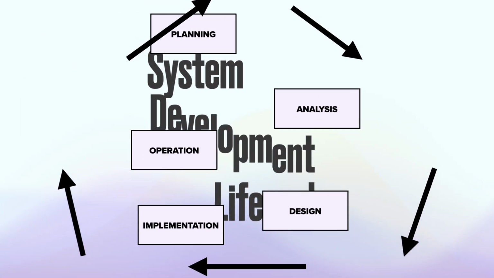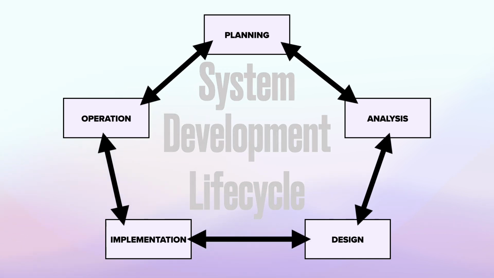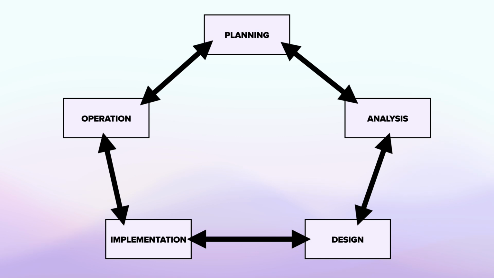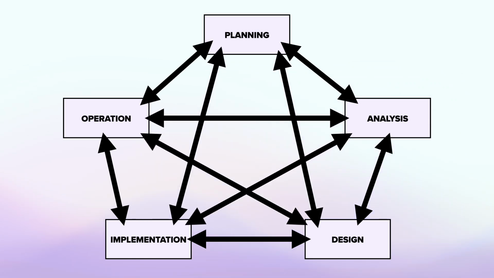Now, contrast this with another philosophy or approach in developing information systems. And this idea is that, well, we can kind of work on phases at the same time, going between phases and across phases. We can do this iteratively.